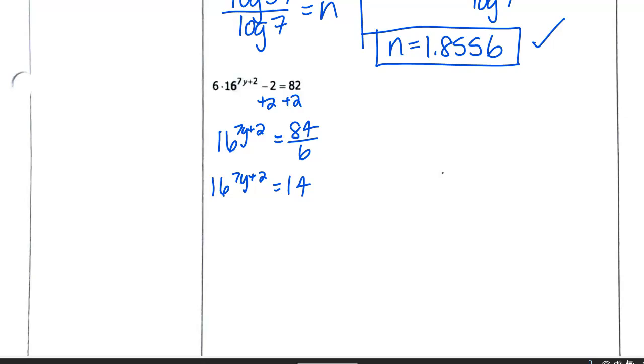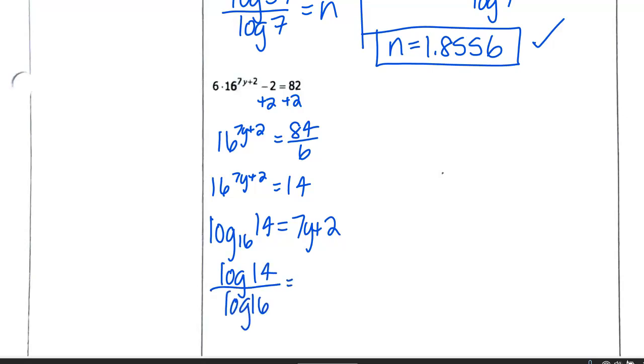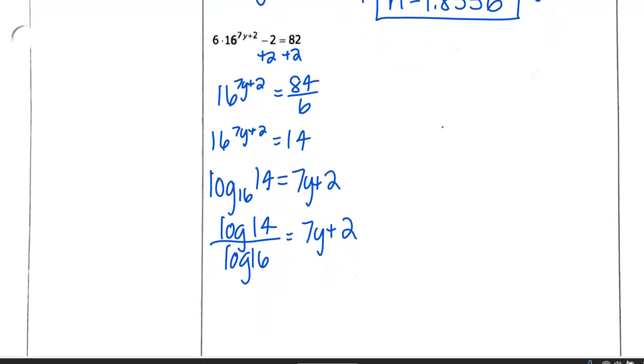So we can take the log of both sides. I'm going to do both ways for you, or you can rewrite this as a log. So let's rewrite this as a log first. Our base 16, 14 equals 7y plus 2. That means then we would have log 14 over log 16 equals 7y plus 2. And this is where it gets a little crazy and messy.